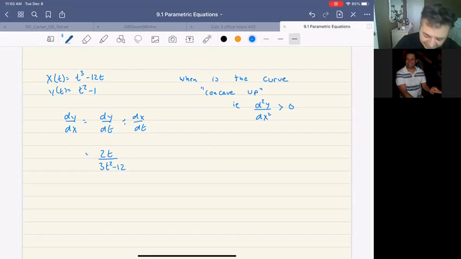So this is y prime of x as a function of t. I know it's crazy, but that's what it is. That's a formula for y prime of x at a given t value.